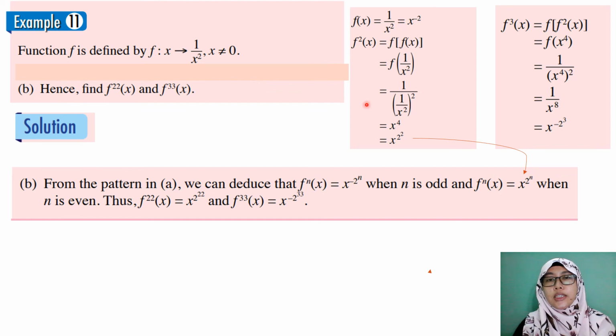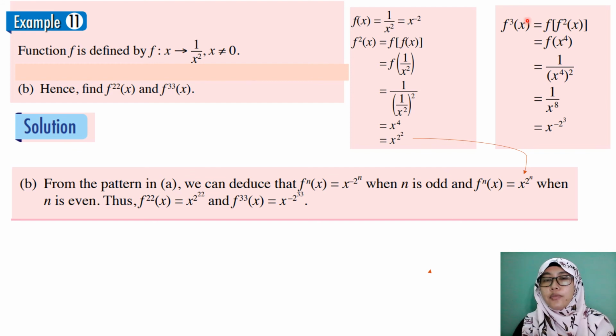Okay, so this is actually your answer in the question A. If your answer is f to the power of 2x, your answer is x to the power of 4. And then if you simplify in the simplest answer, you akan dapat x to the power of 2 power of 2. Ini cikgu simplify dalam bentuk yang termudah.